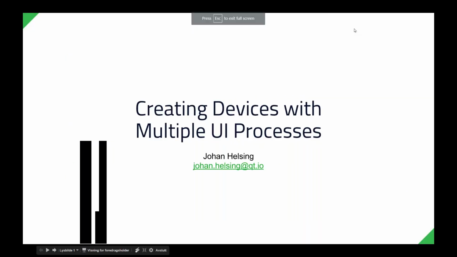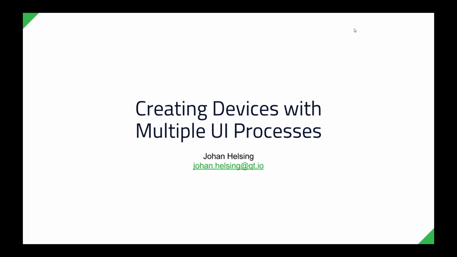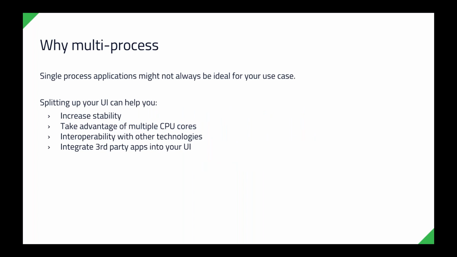So this is a talk about creating devices with multiple UI processes, why you might want to do that, and how to do it using Qt. So first, why you might want to do it. Single process applications may not be ideal for your use case.